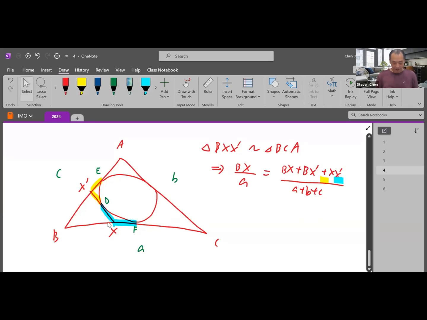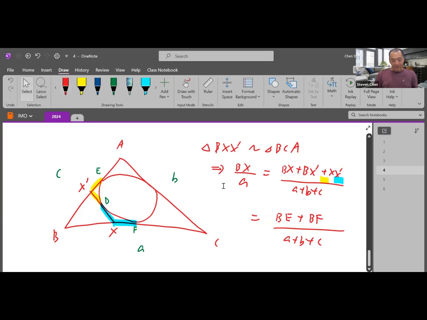Then we can separate it into two components, AB and BC respectively. And beyond that, in the numerator we have BX and we have BX prime. So after this manipulation, the numerator becomes the sum of BE plus BF, divided by the perimeter of triangle ABC.